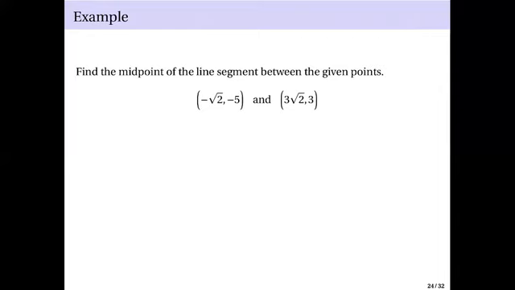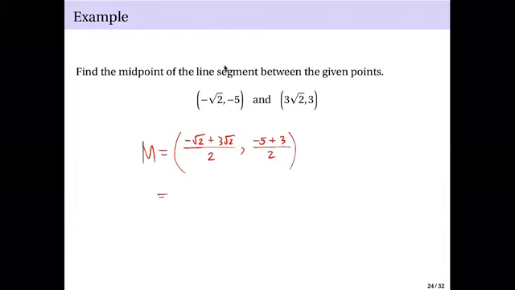So for this, you have m equals, for the x part, negative square root of 2 plus 3 square root of 2 divided by 2, comma, here for the y, you have minus 5 plus 3 divided by 2. Then close parenthesis.